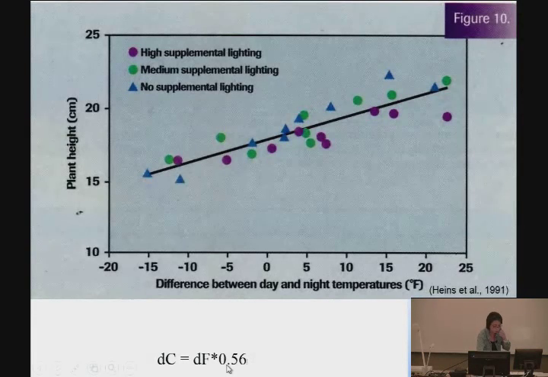So you've got to multiply by 0.56 to get Celsius degree difference. So by looking at this data, yeah, I think 2 degrees or 3 degrees C difference could generate some difference.